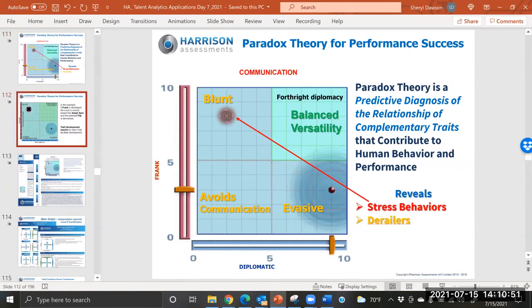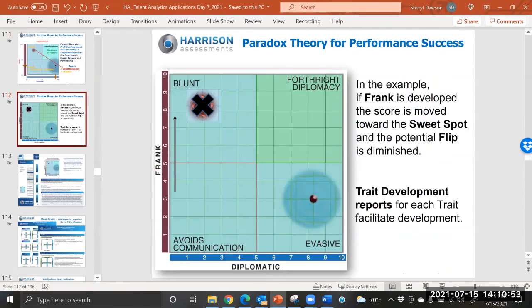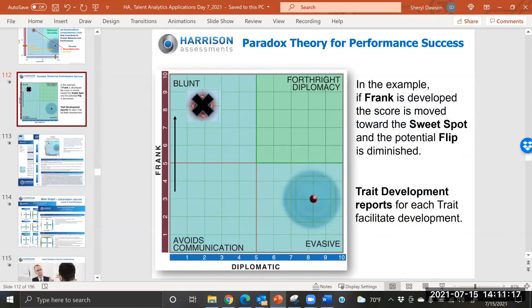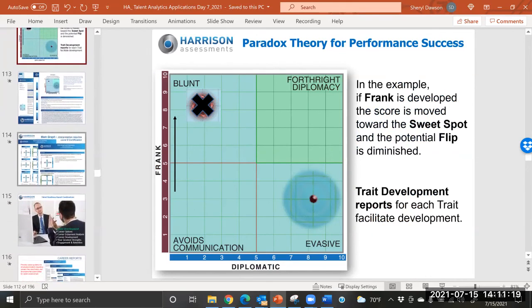And then we also look at what is the solution, in order to move into the balance of versatility. And I took the motion away, but basically you're developing the weaker trait, which pulls the score into the forthright diplomacy and causes the bluntness to diminish, or the stress behavior to diminish.